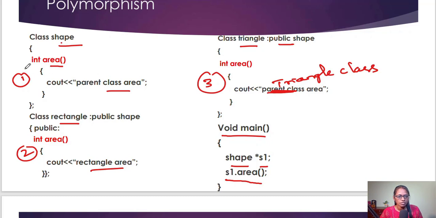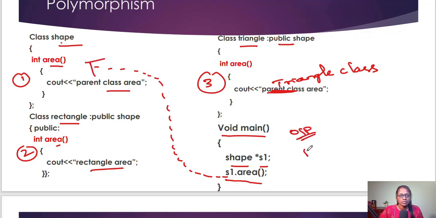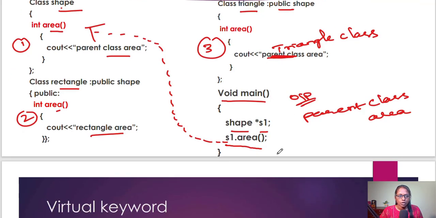Everything is a normal function: int area, int area, int area. So what happens? This s1 dot area will call the shape's area function. So the output will be parent class area. Clear?